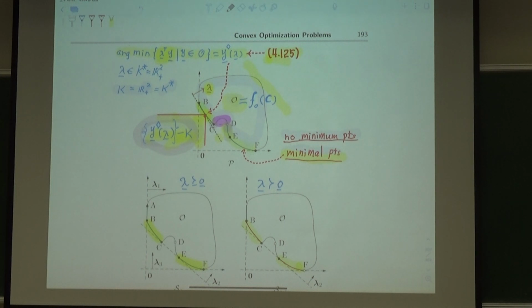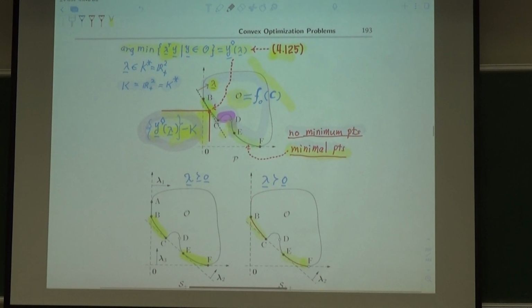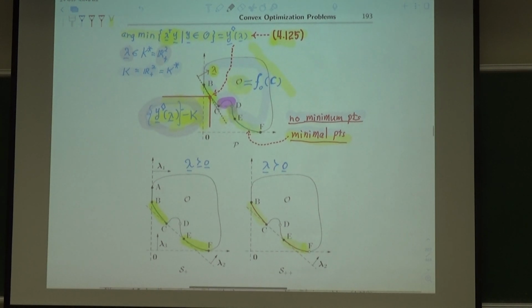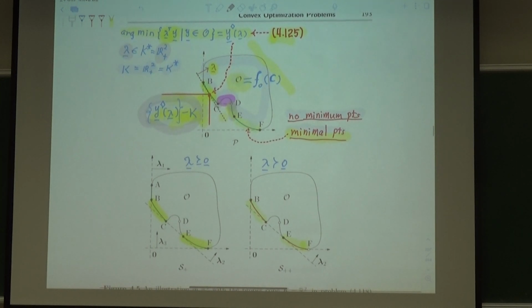Okay, then how do you find them? By using 4.125. Because the lambda is in K star, not equal to 0, then if you do this, you can find from B to C, from E to F. Because the lambda is greater than or equal to 0, that means this direction, or this direction, or this direction.